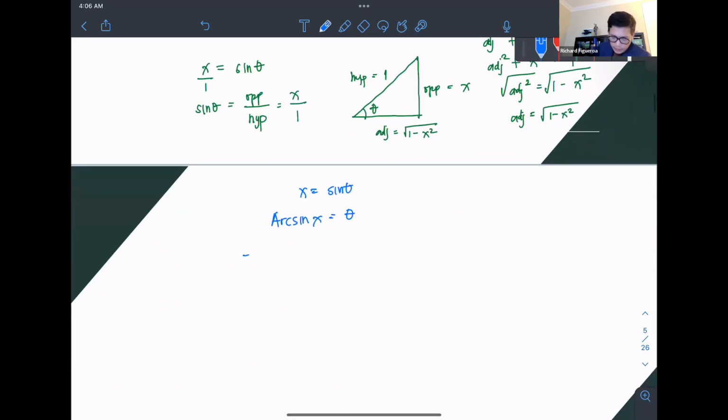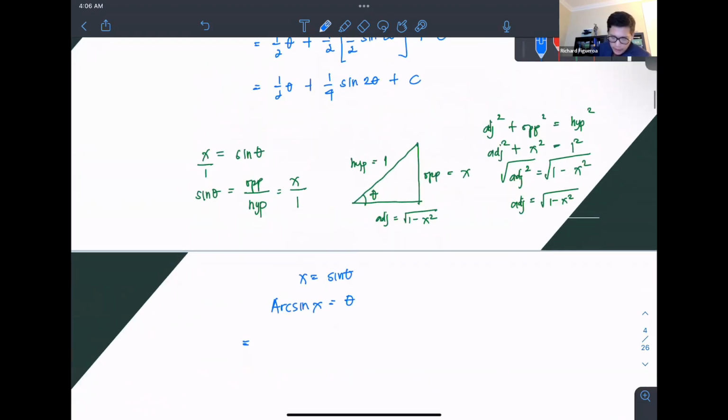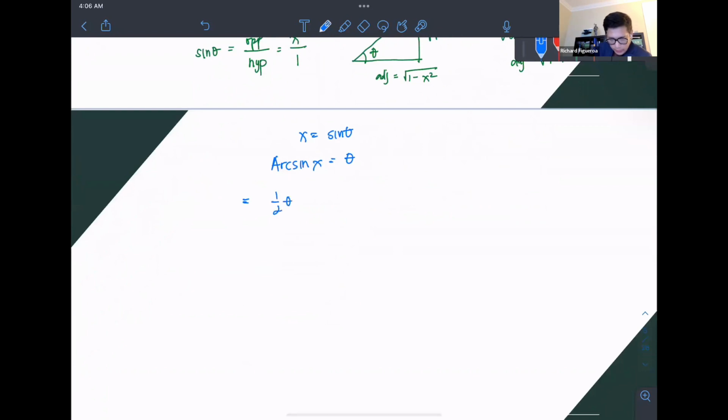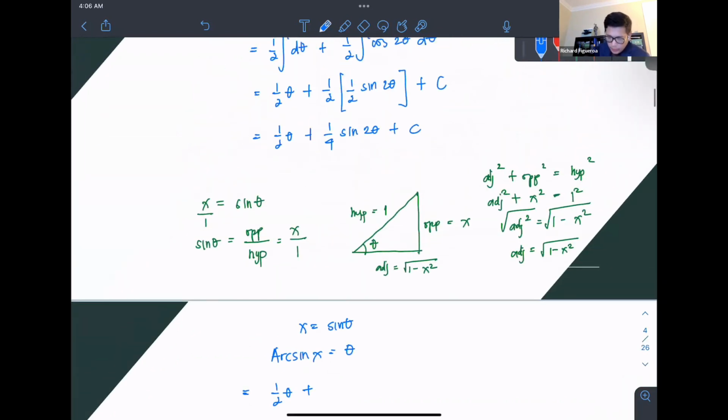So here we have 1/2 of theta plus 1/4 of sine 2 theta. What we only have here is theta, but what we have is 2 theta. So to find the equivalent algebraic function for that, we need to use an identity.